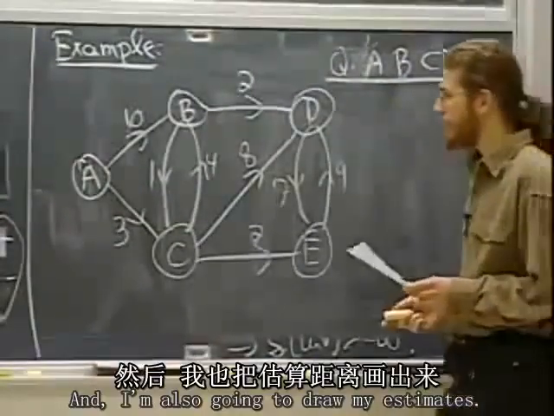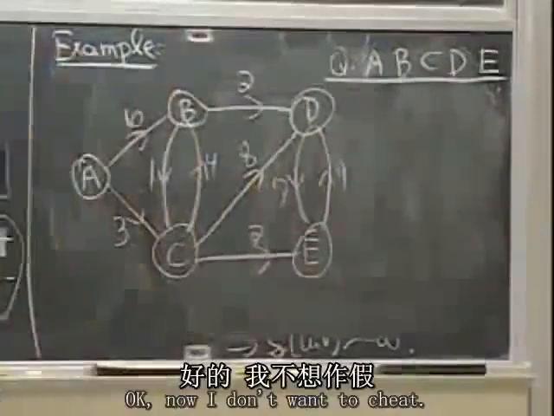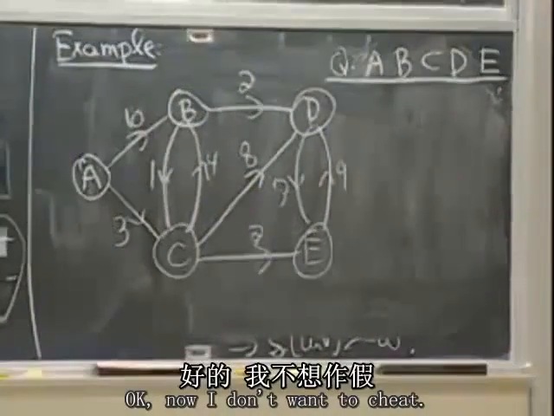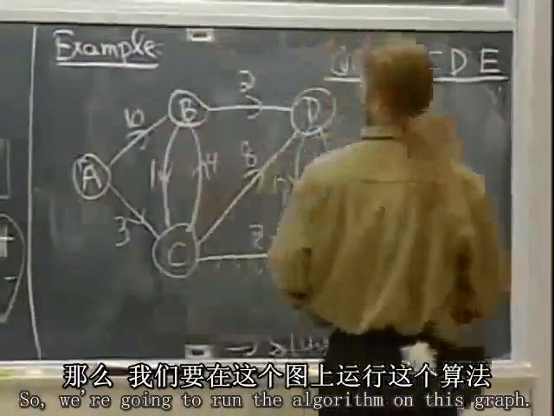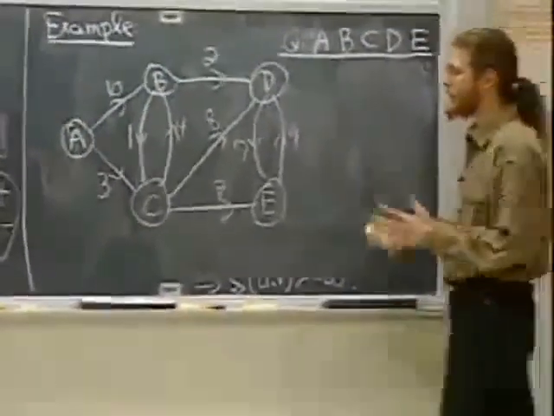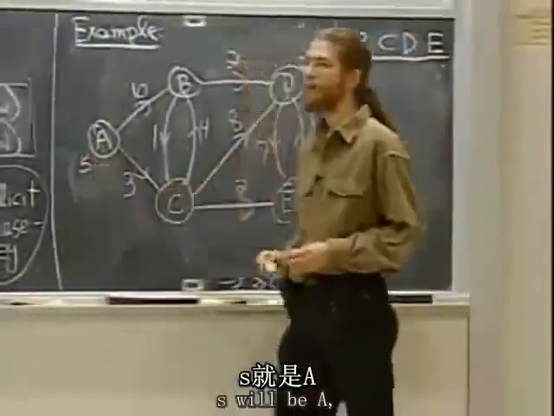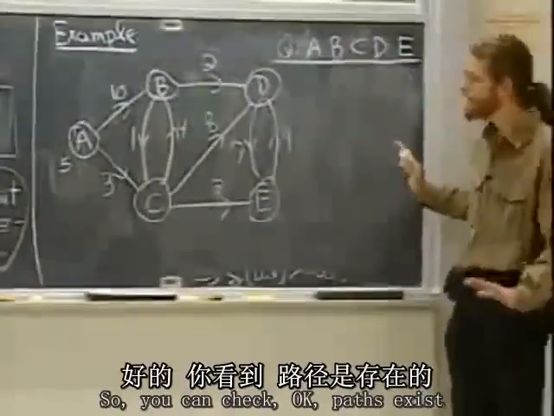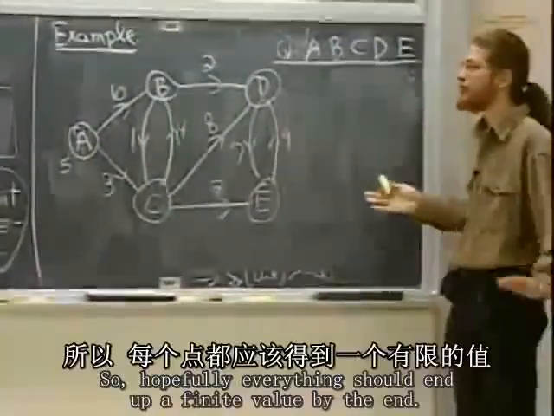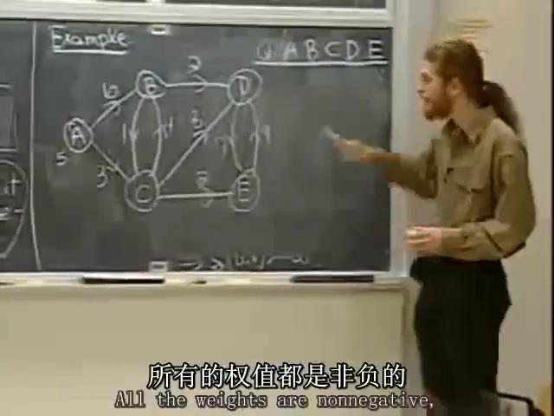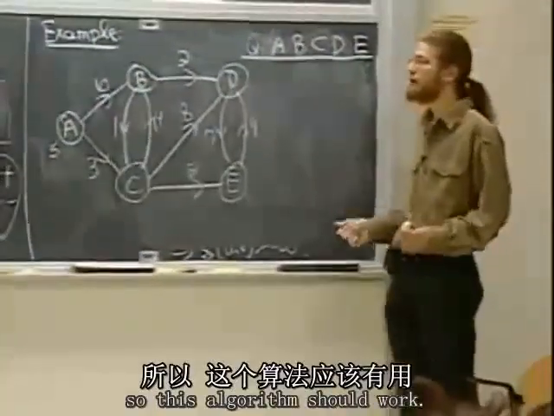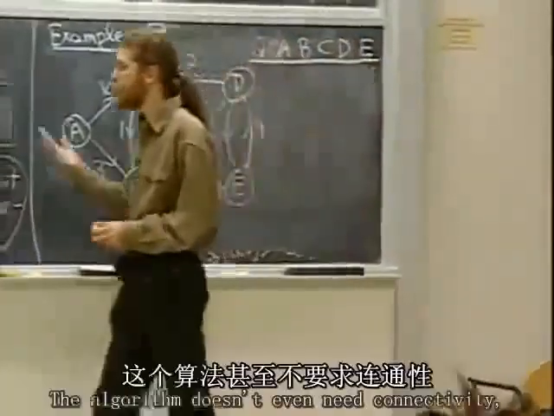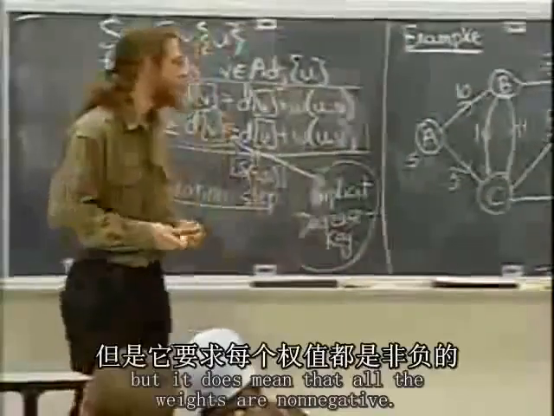And I'm also going to draw my estimates. Now I don't want to cheat. So we're going to run the algorithm on this graph. S will be A, and I want to know the shortest path from A to everyone else. You can check that paths exist, so hopefully everything should end up a finite value by the end. All the weights are non-negative, so this algorithm should work. The algorithm doesn't even need connectivity, but it does need that all the weights are non-negative.